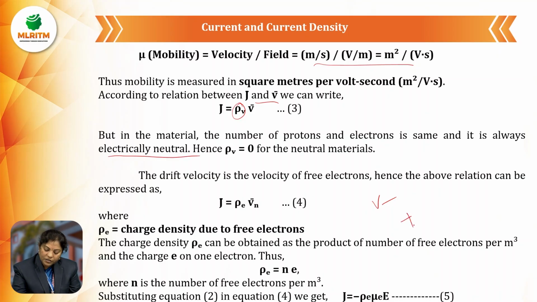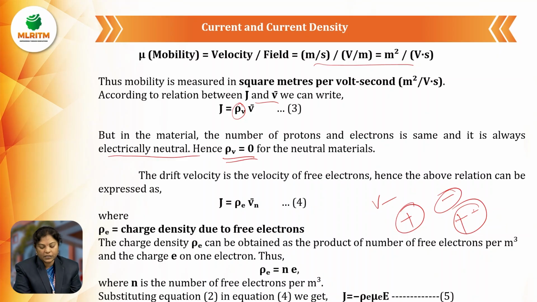Positive and negative, that is, number of protons equal to number of electrons, cancel out each other. This is electrically neutral, so for that rho V equals 0. Drift velocity is the velocity of free electrons. Hence this equation becomes J equals rho E into Vn.